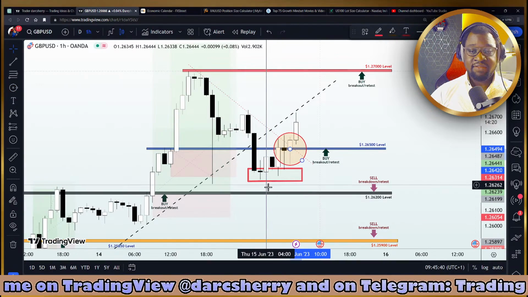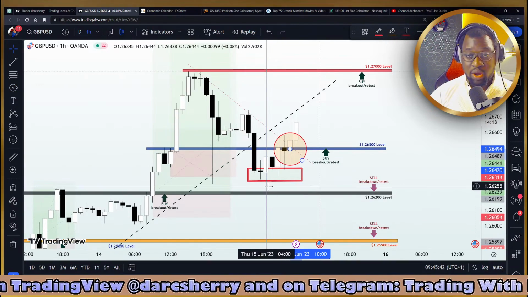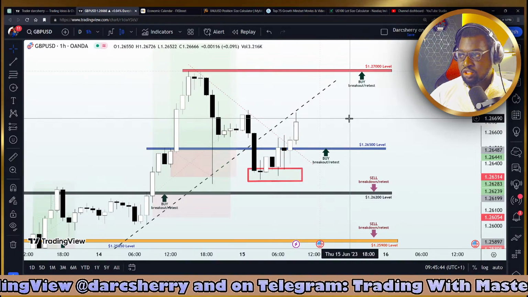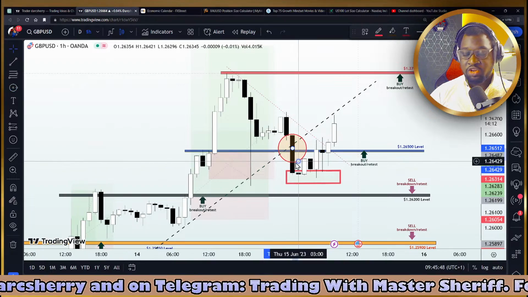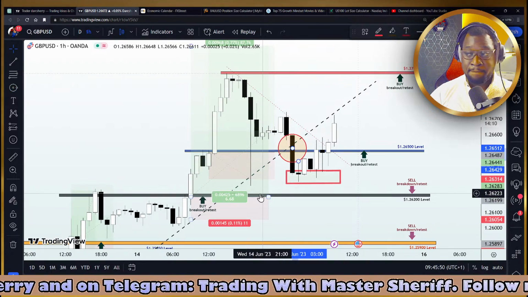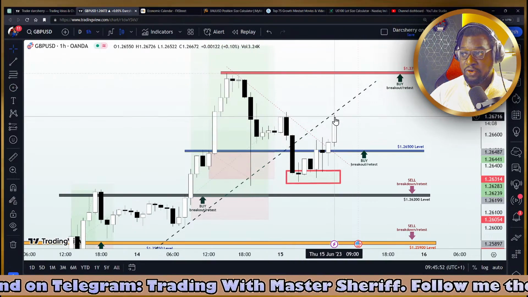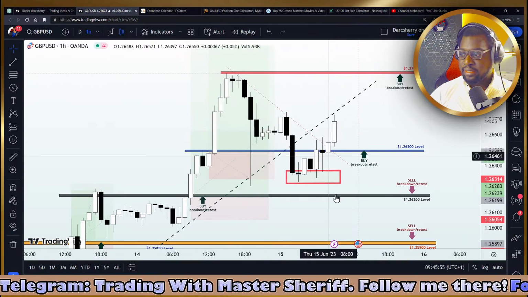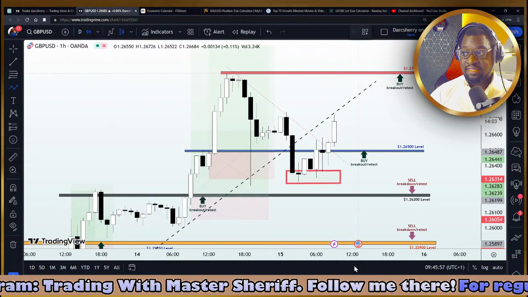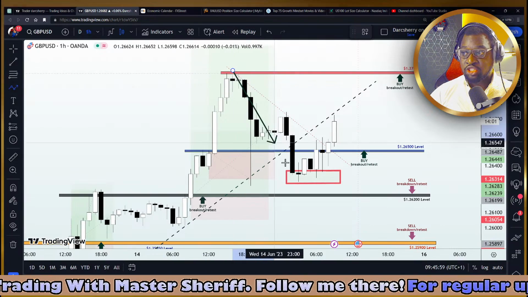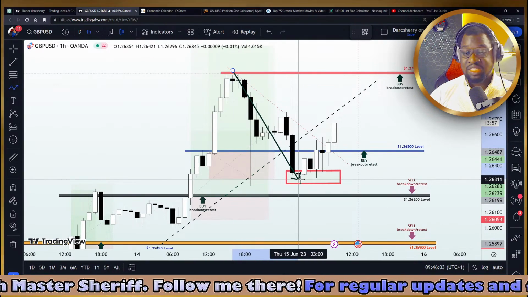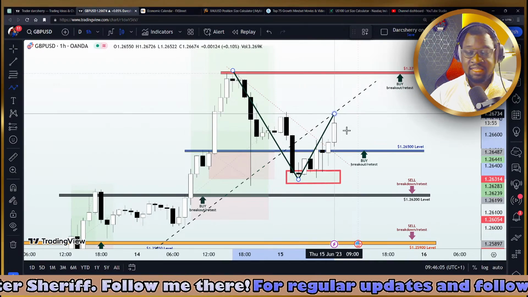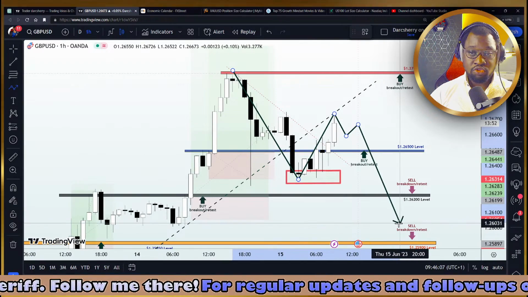Now, the reason why I have said that we should move all our stop losses is quite simple. Remember we saw the breakdown of this bullish trend line here. We saw the breakdown here yesterday, and price action is gradually approaching that trend line. And from a technical standpoint, there's always this possibility that price action, once it breaks down a key level or a key structure like this, we expect it to come back, retest that structure to incite a bearish move to the downside.